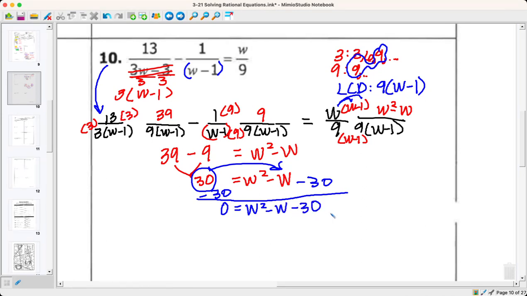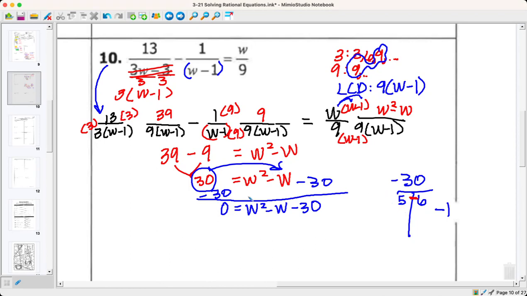We have a trinomial with no greatest common factor. I've got negative 30. I want to list the factors of negative 30. Immediately my mind goes to 5 and 6. Since I know 5 times 6 is 30, to make it a negative 30, I'm going to bring the negative sign with my 6.